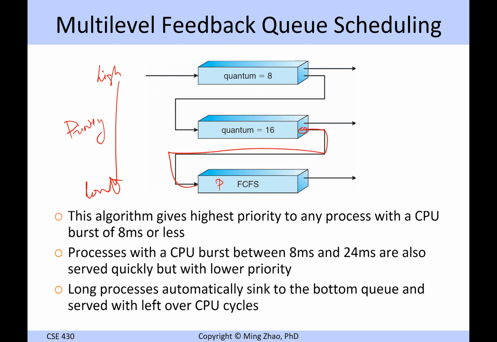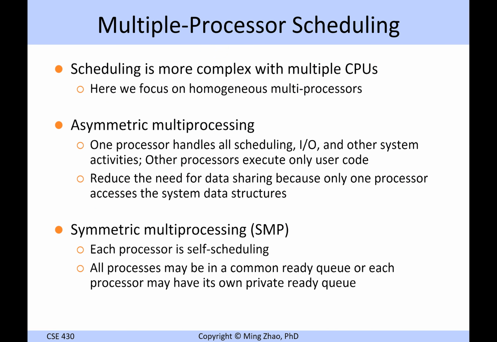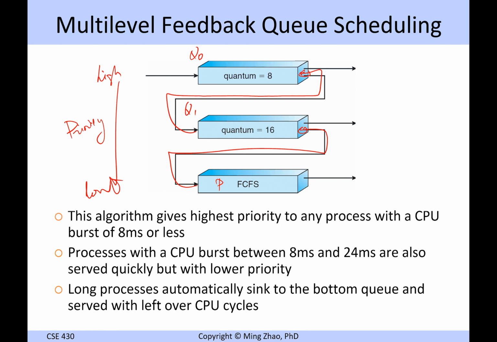Even then, a process may get starved, because if we have so many high interactivity processes in Q0, the process in Q1 can still get starved. So a process that has waited long enough in Q1 can also be moved to Q0. That's another way to connect the queues. That's the basic idea of multi-level feedback queue scheduling.